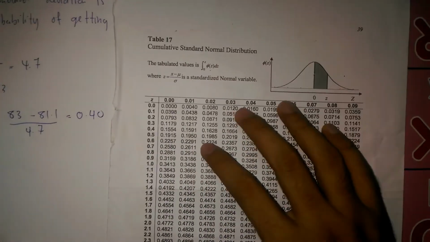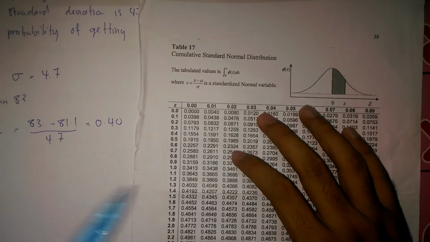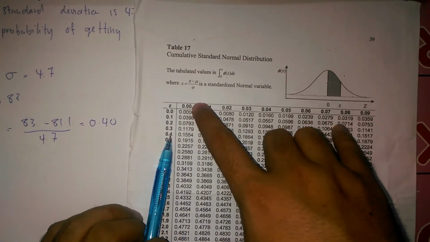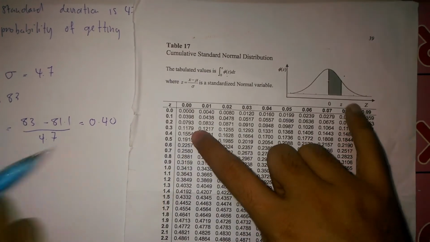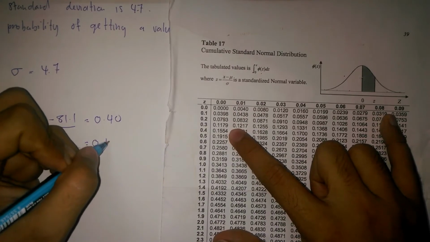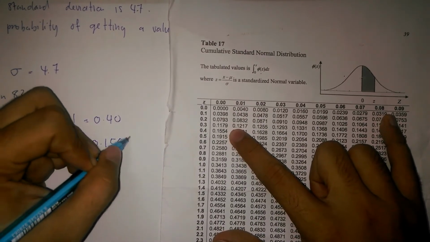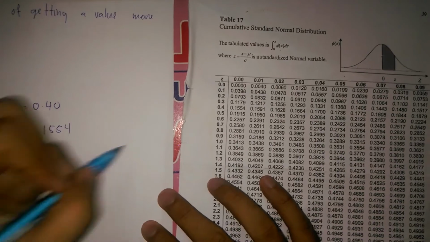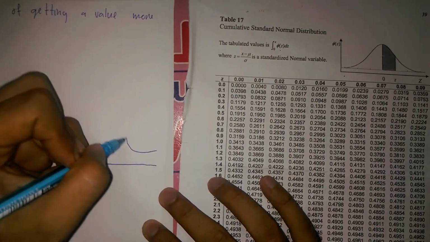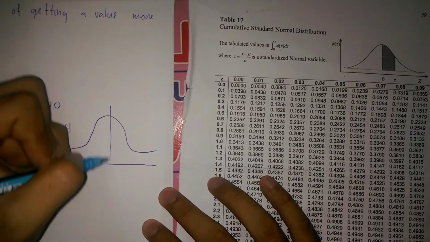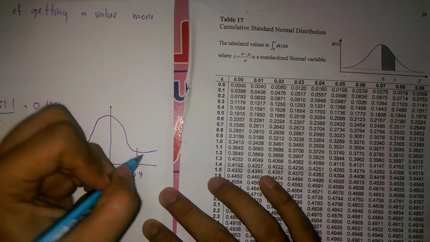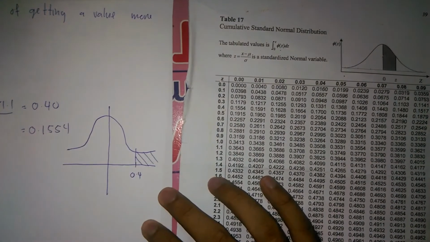We find 0.4 and 0.00, so we get the answer 0.1554. So we can see the graph for 0.4, and we want more than this.